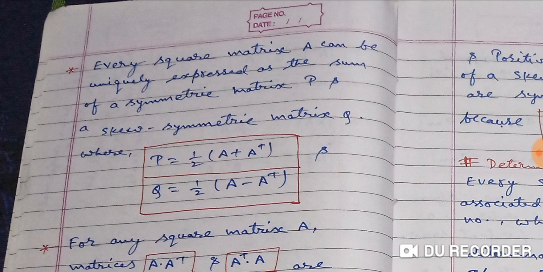Now in this tutorial we will look at some properties of transpose and symmetric and skew symmetric matrices, and also talk about the determinant. What is a determinant, how it is formed and how it is expanded, so we will know everything.